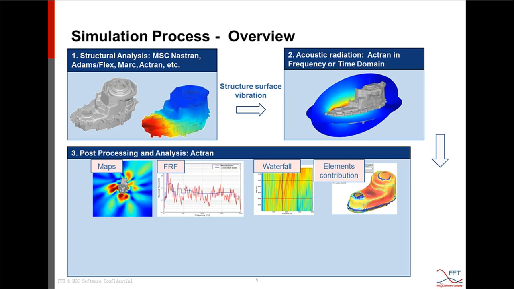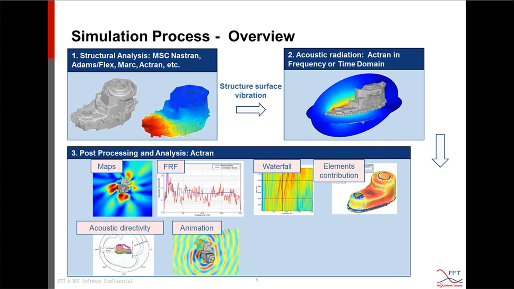We see here the color on this gearbox surface indicating the contribution of that element to a measured or simulated acoustic result in far field. There is also acoustic directivity surrounding the gearbox, and animation.